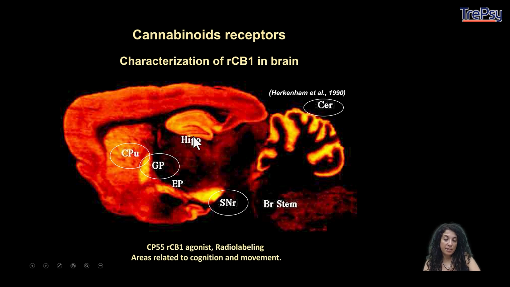The CB1 receptor is expressed in areas related to cognition, like the hippocampus or prefrontal cortex, or to movement, like the caudate putamen, globus pallidus, substantia nigra, or cerebellum. In the 90s, this receptor was already identified.